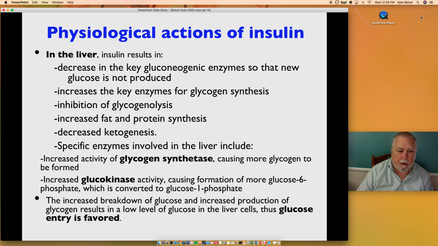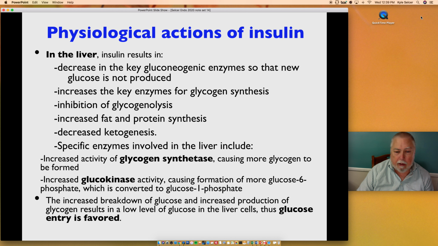Specific enzymes involved in the liver, the names of some of them: glycogen synthetase or synthase, it goes by two names, causes more glycogen to be formed. Glucokinase causes more glucose to be converted into glucose 6-phosphate, and that can be used to put glucose away or to burn it.